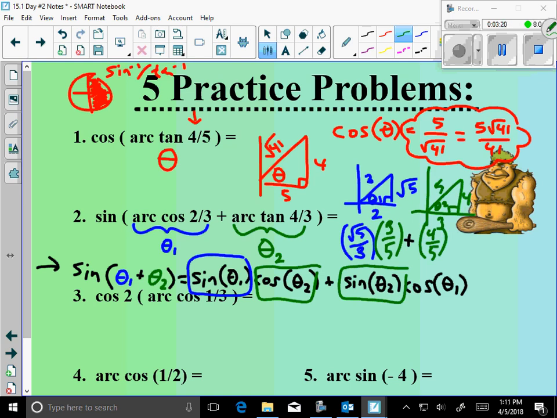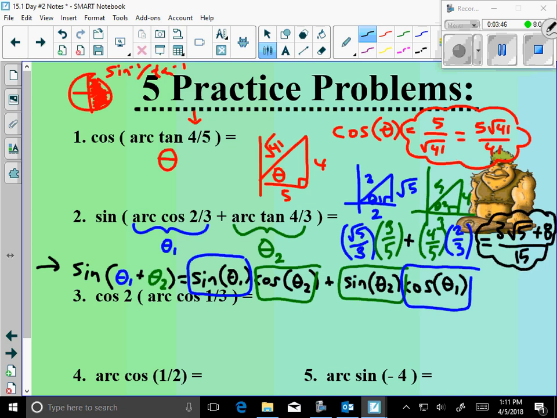Nice thing about these problems is you will always have a common denominator already built in. Cosine of the first will be 2/3. So as I write this out and combine like terms, it looks like I get 3 root 5 plus 8 over 15. I would leave it like that. I would not try to go further. That's good.